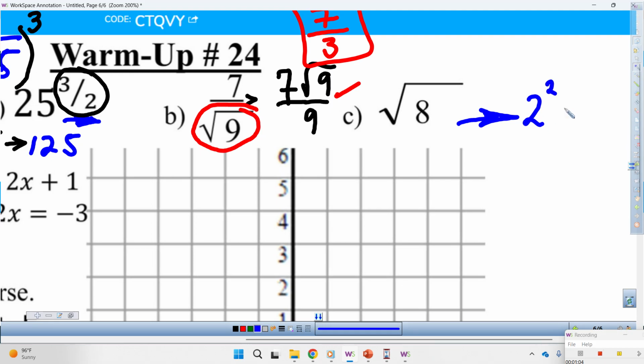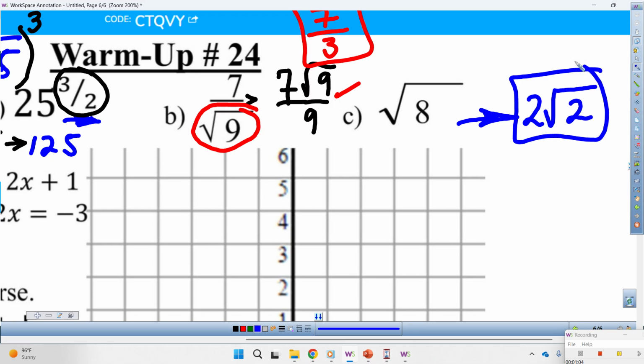Two to the power of 2. Okay. Square root of 2. Hands, if you got that? That is correct. And once again, this breaks into 4 times 2. Square root of 4 is 2. We get that out of there, and we're left with square root of 2.